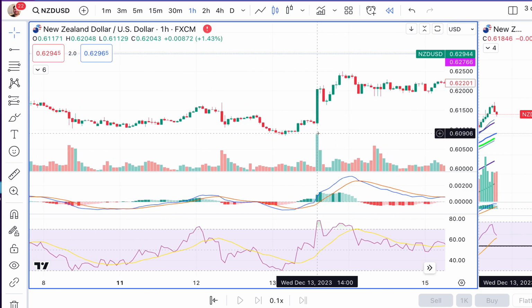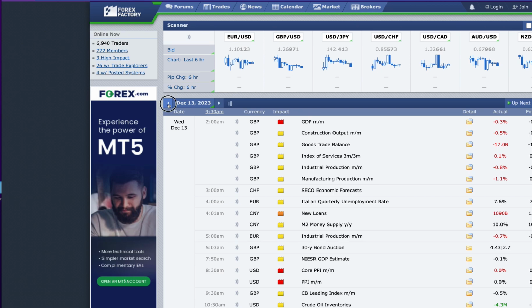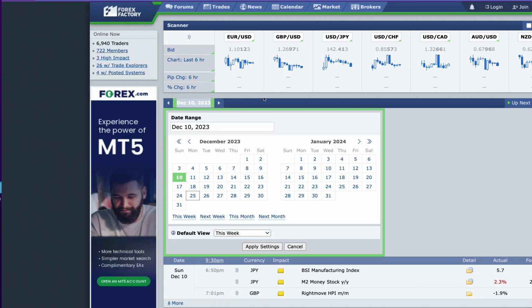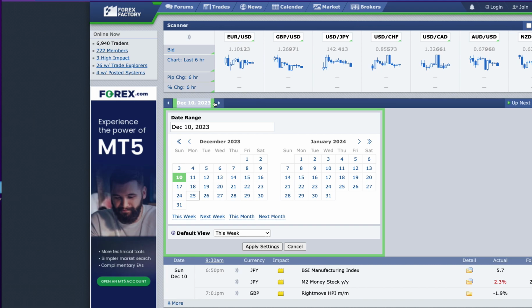Well, let's go back and take a look if there was a news event when this happened. And of course, there was. On Wednesday, December 13th at 1400 hours, all you have to do is go to Forex Factory and go back. You can click back and forth on the date area on the calendar at forexfactory.com, and just click around to that date and that time.